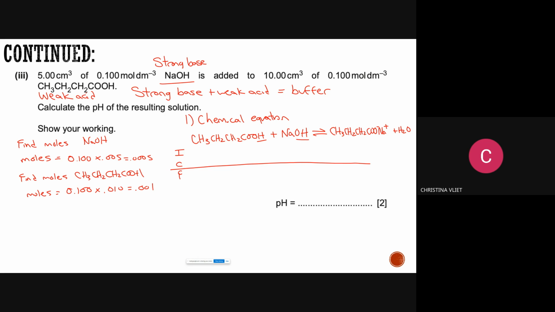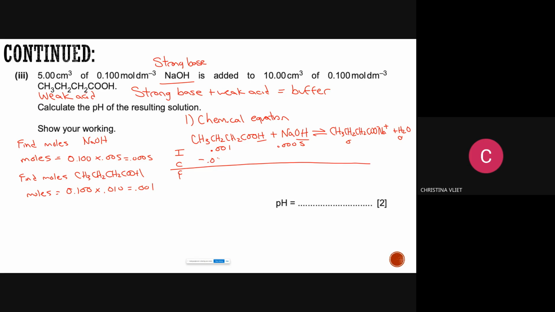All right, so what now? Plug in here. 0.001, 0.000500. Which one's less? This one. Do you agree that that's the smaller number because it's got one more zero in it? Yeah. So subtract the smaller number.